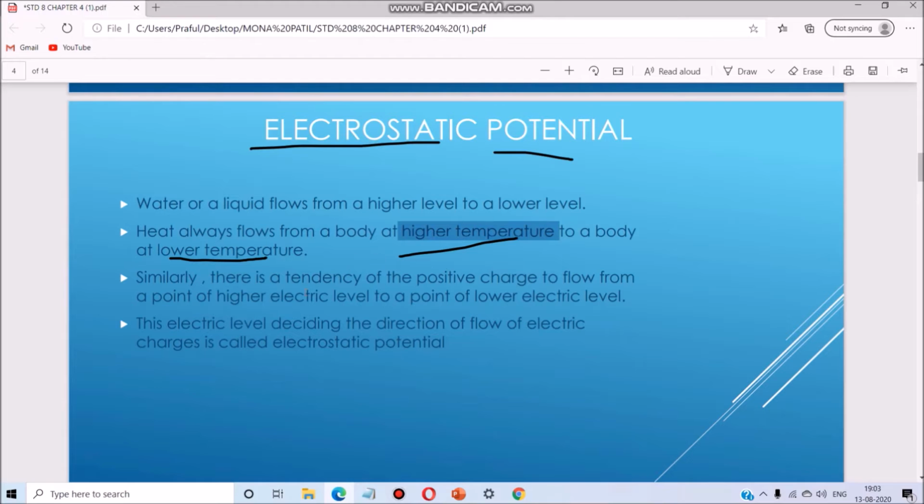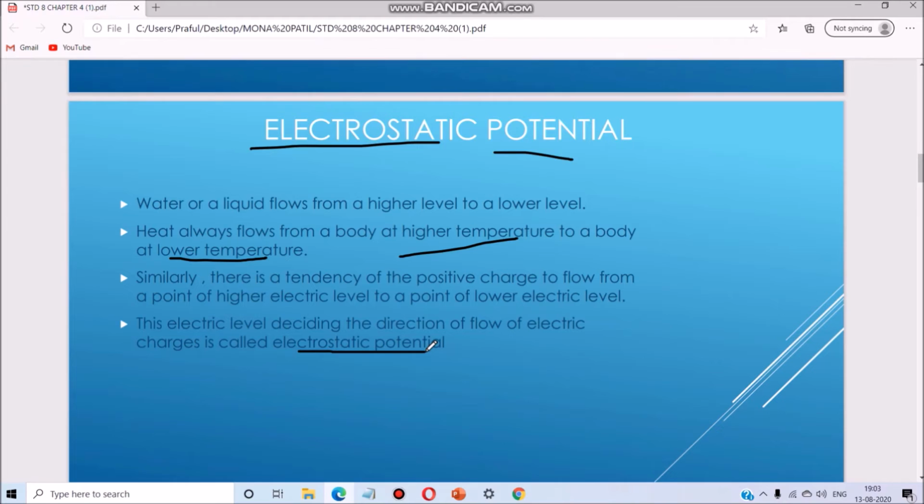Similarly, there is a tendency of the positive charge to flow from a point of higher electric level to a point of lower electric level. So this electric level, deciding the direction of flow of electric charges, is called electrostatic potential.